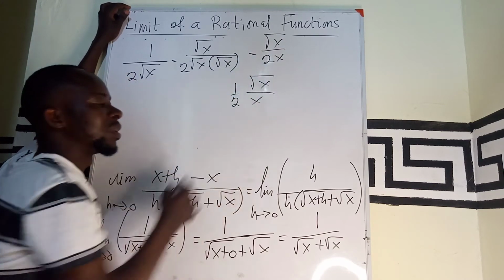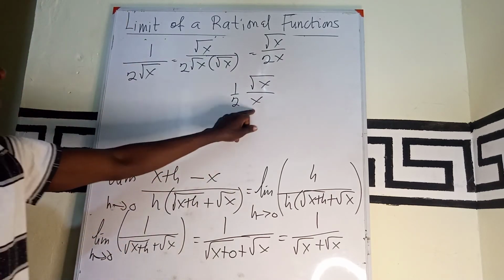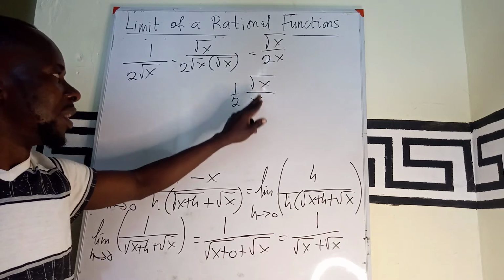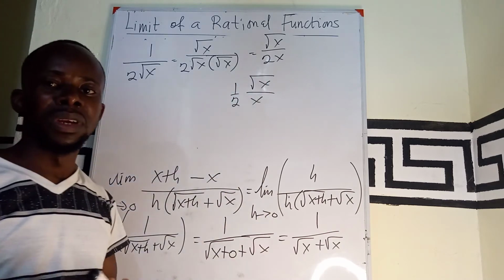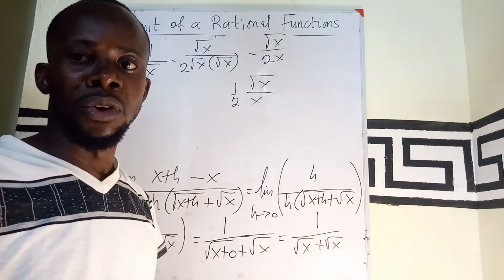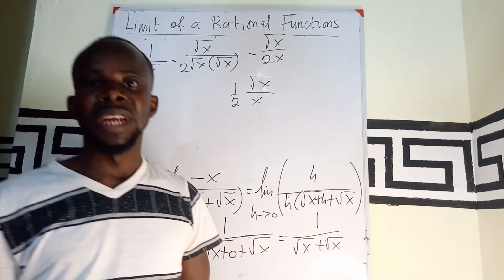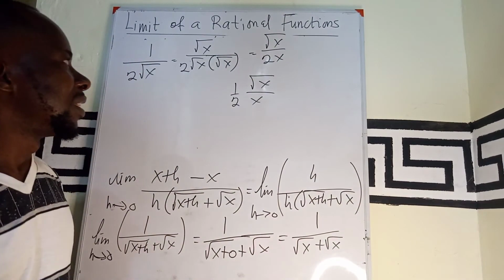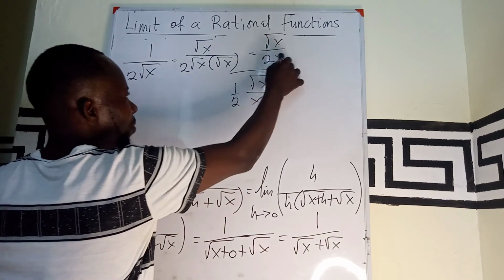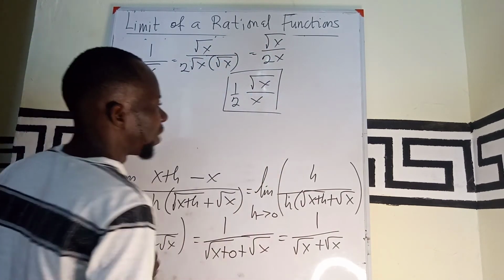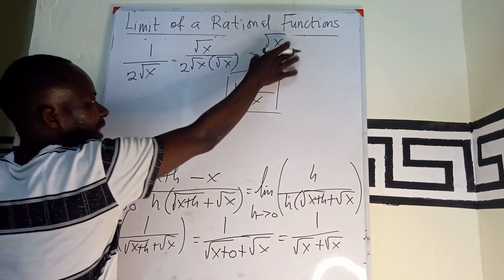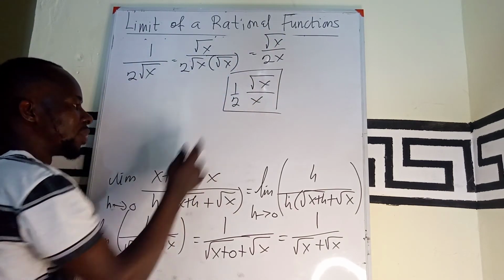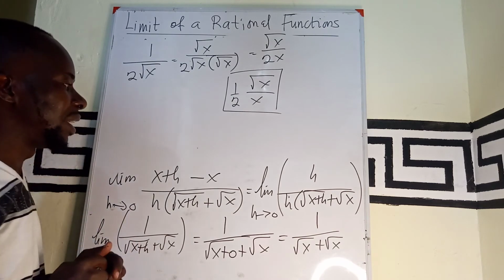Bear in mind that the 2 cannot cancel the x here because this is under the root. One is rational and the other is an irrational number. So that will be our final answer. If you like, you present it in this form. If you like, you maintain how it was in the beginning. If you don't want to include a fraction, you leave it the way it is.